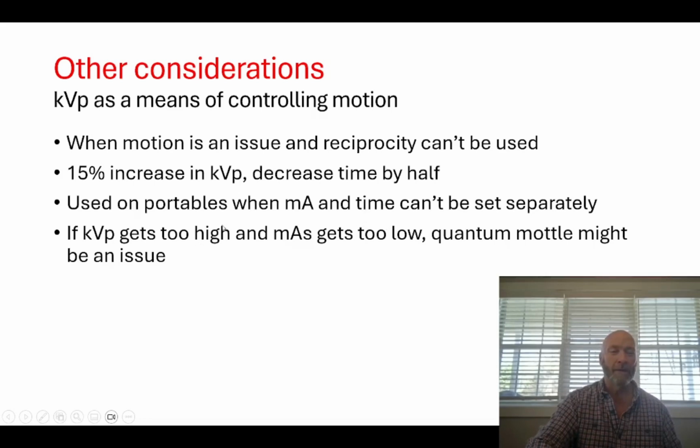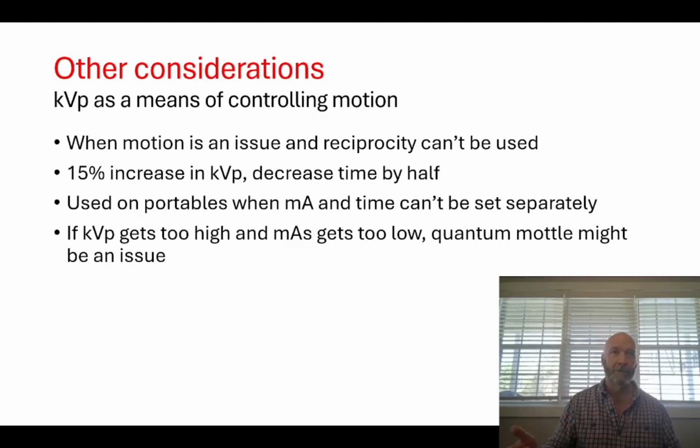Where we most commonly use this would be on portables, and on portables you can't select mA and time separately. So what you do on portables is set mAs. It has an mAs timer. It has a set mA, usually 100 mA. So when you're setting your overall mAs, what you're actually selecting is time.